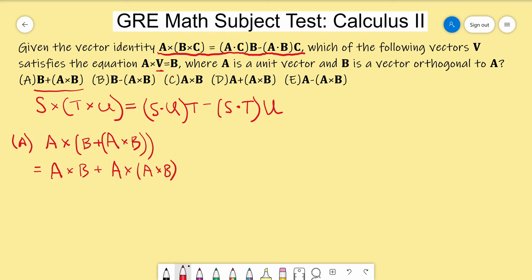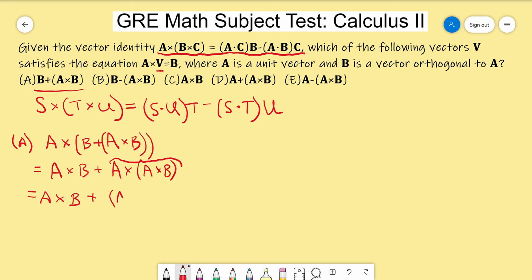Alright, now this part here looks like our identity. Instead of STU, we have A, A, and B. Okay, so our T is going to be A. And so let's use our identity here. So we're going to get A cross B, that's this part, plus, according to the identity, we have to take the first vector, dot product with the third vector.